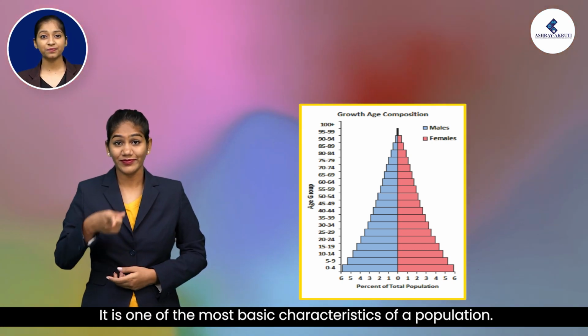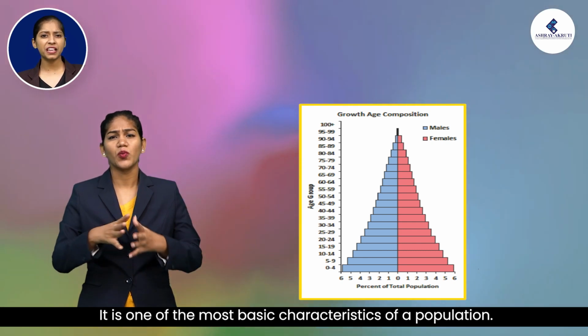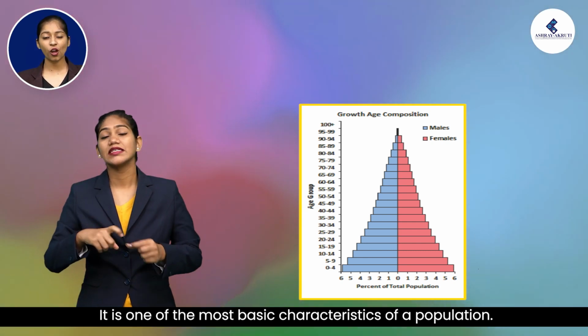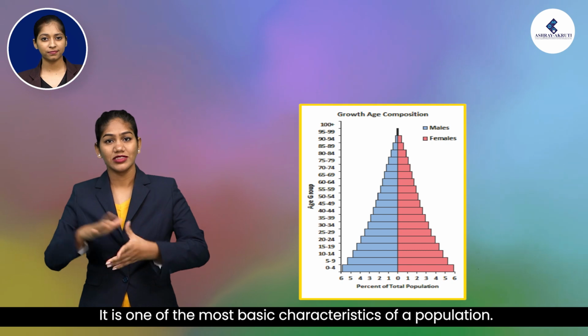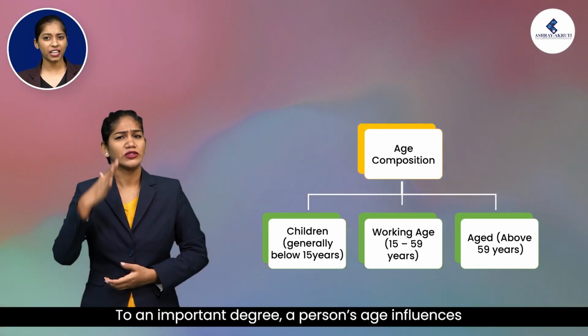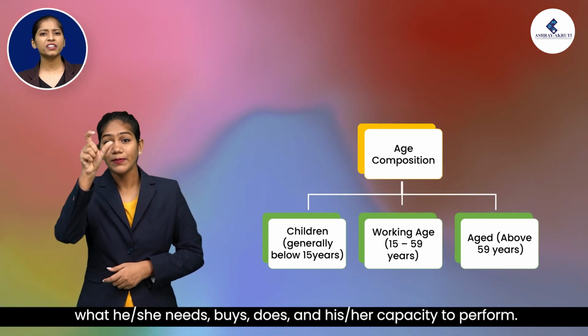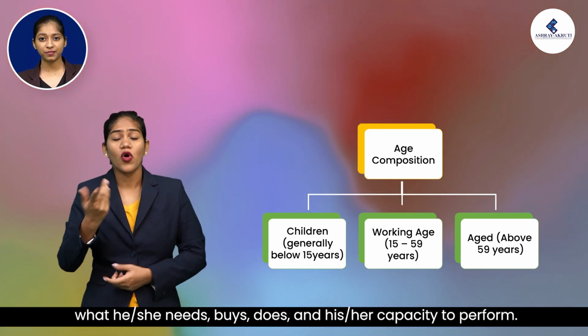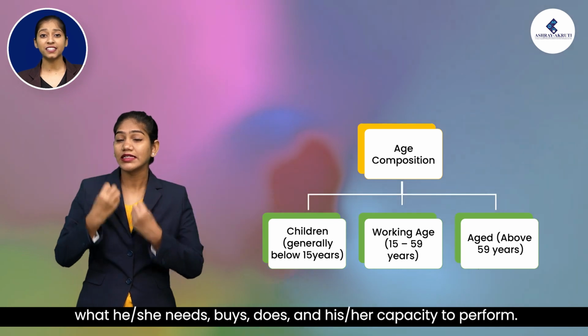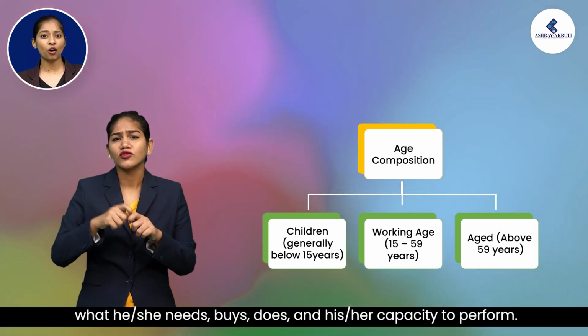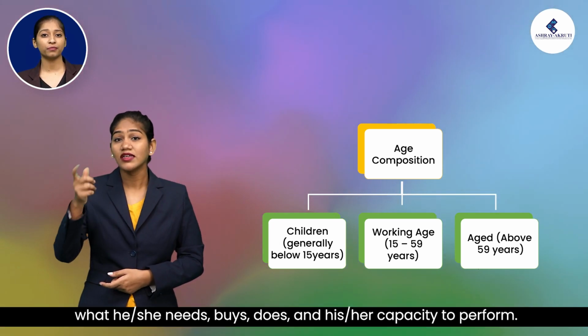It is one of the most basic characteristics of a population. To an important degree, a person's age influences what he or she needs, buys, does, and his or her capacity to perform.